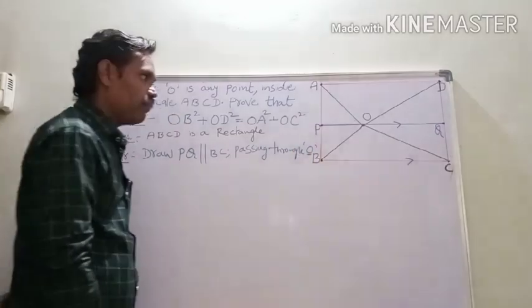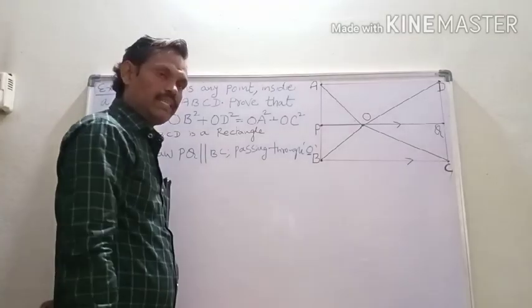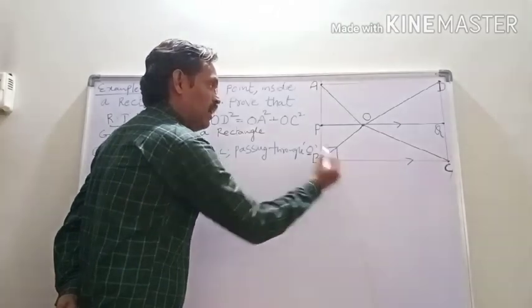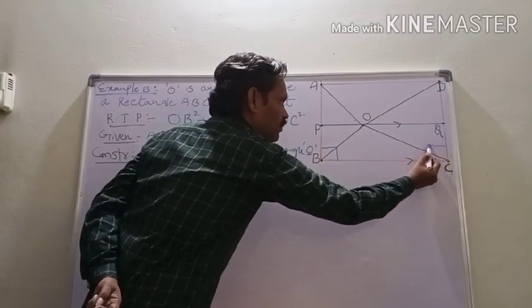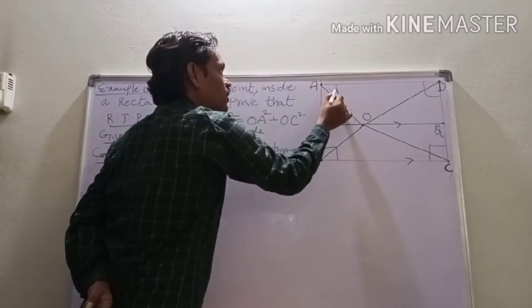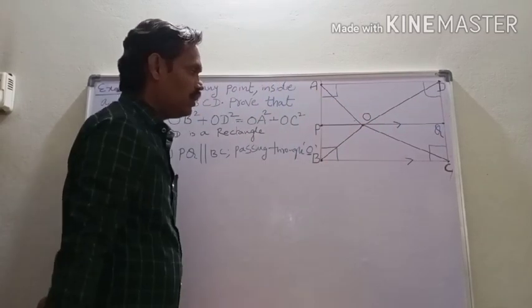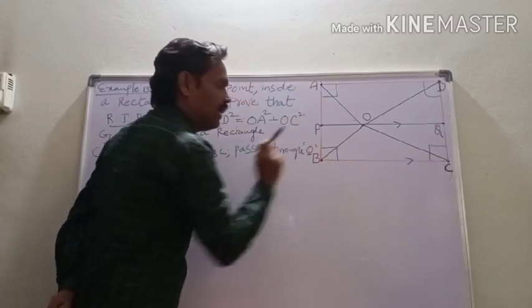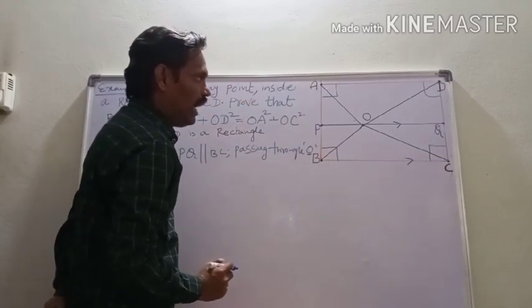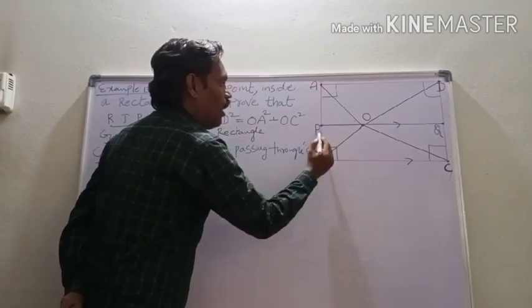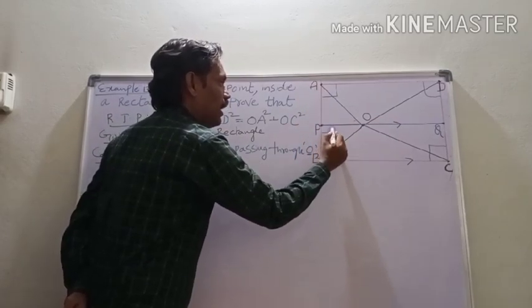So you see, in a rectangle, every angle is a right angle. That means this is a right angle, this is also a right angle. Here also we can find a right angle, and here also. So the angle between AB and CD is 90 degrees. Therefore, the angle between AB and PQ should also be a right angle.